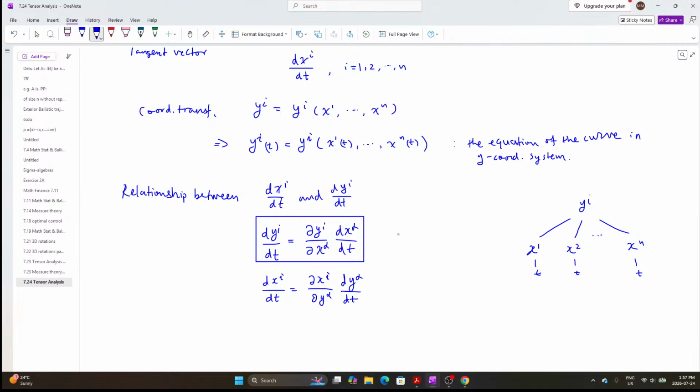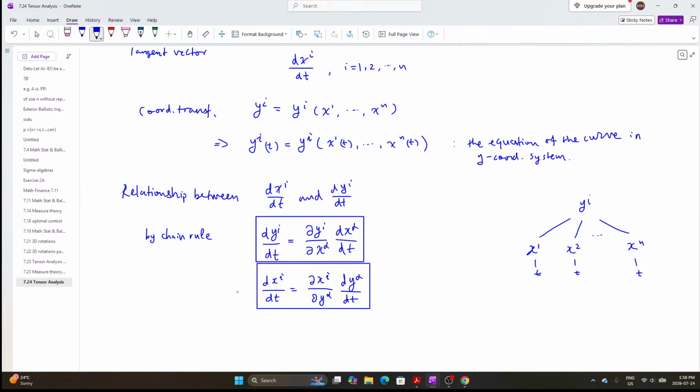So the first equation is by the chain rule. Of course, you can use the same argument to get the second equation, but let's prove the second equation from the first. It's a good exercise, actually.